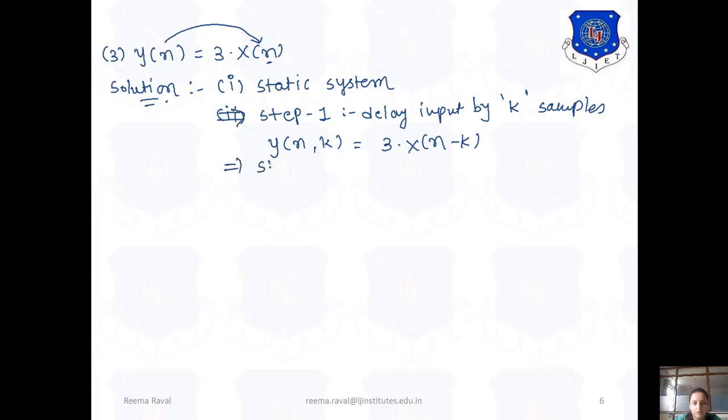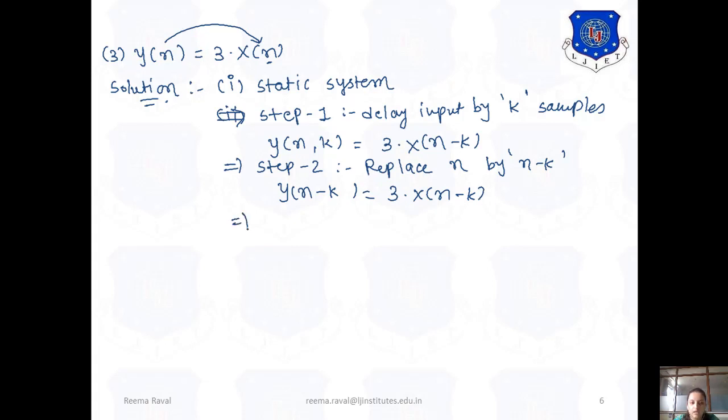Then step number 2, replace n by n minus k, and we will get y of n minus k, that will be 3 into x of n minus k. Again the same. As these two are equal, step 3 will be y of n comma k equals y of n minus k. So the system is a time invariant system.